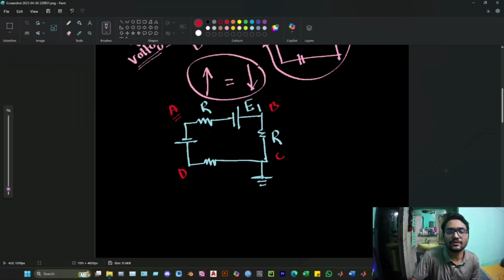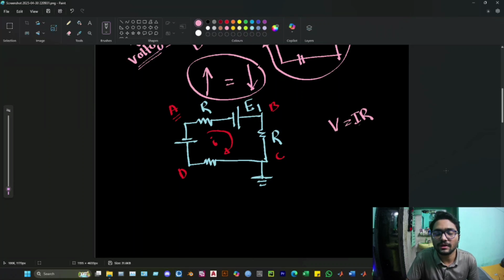Now here if we consider a current I circulating in the clockwise direction, according to Ohm's law, V is equal to IR. That means if we multiply the current going through a resistor by its resistance, we get the voltage across that resistor.